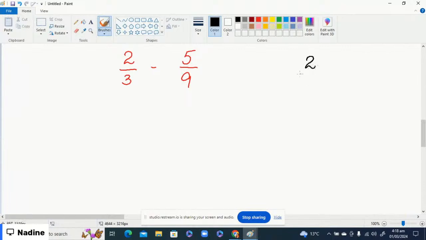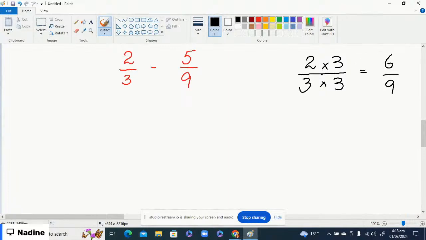Now multiply and divide with which number to make this one equal to 9? 3 times which number becomes 9? That is 3, and 3 as well in the numerator. So 2 times 3 is 6, and 3 times 3 is 9.